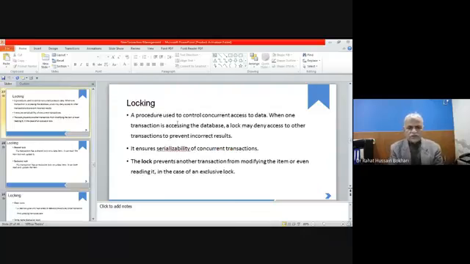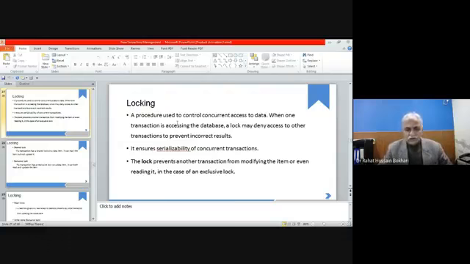The locking procedure is used to control concurrent access of data. When one transaction is accessing the database, a lock may deny access to other transactions to prevent incorrect results. Locking helps when the transaction is carried out and still not committed, and within that intermediate period none of the other transactions may interfere with what is happening in the first transaction.